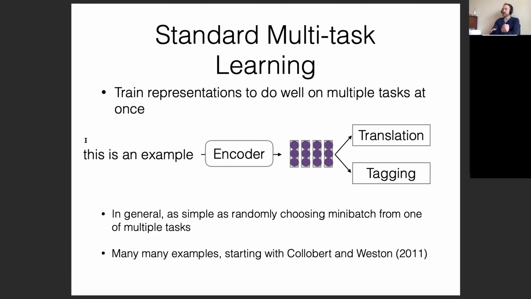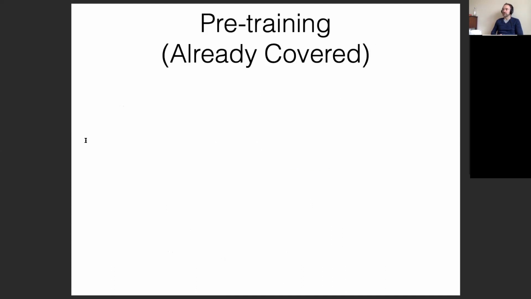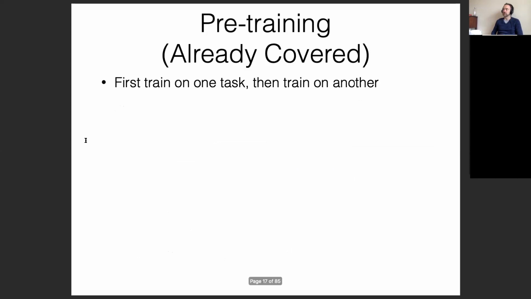So one thing to be careful about in multitask learning is that we have these two tasks, and these two tasks might not be equally simple to learn or might not have equal amounts of data. A very powerful method for this, which we've already covered, is pre-training, where we first train on one task that has a lot of data and then train on another.